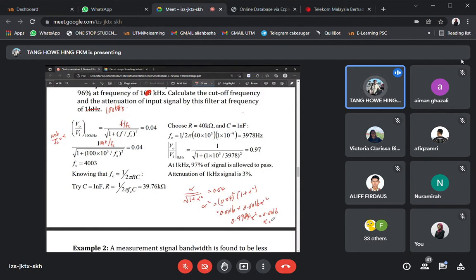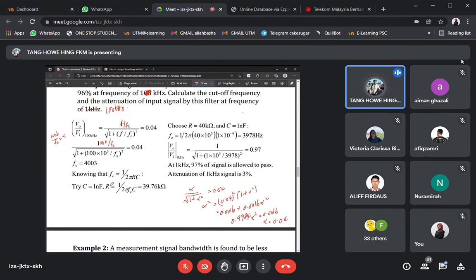So alpha is equal to the square root of 0.0016 divided by 0.9984. So alpha should be equal to 0.04.